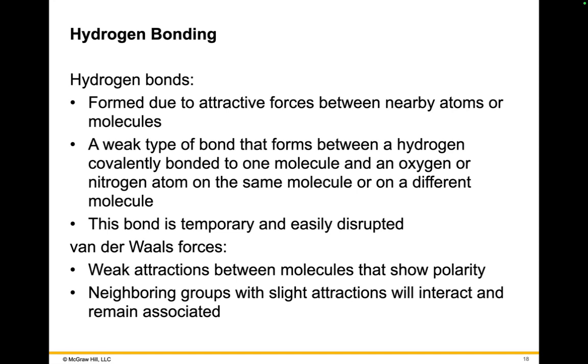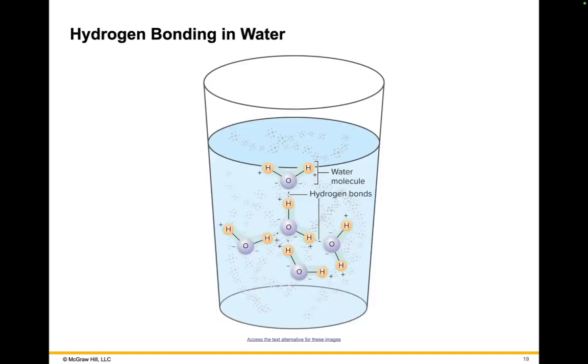And it's so weak that it's often disrupted and temporary. And in chemistry, they're going to talk about van der Waals forces. And these are just weak attractions between molecules that show polarity. And hydrogen bonding is a van der Waals force. These neighboring groups with these slight attractions will interact and remain associated with each other.